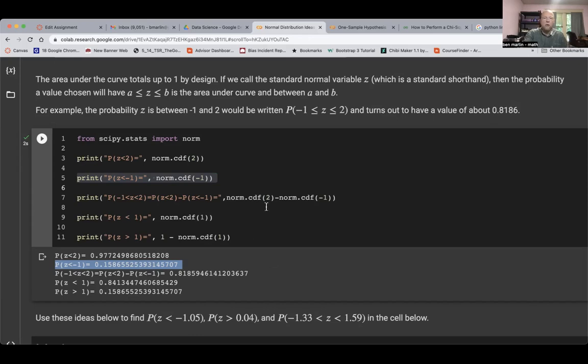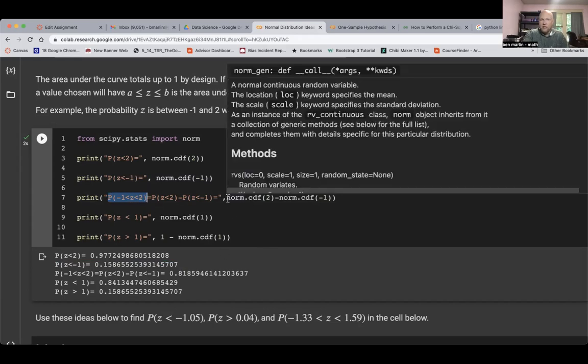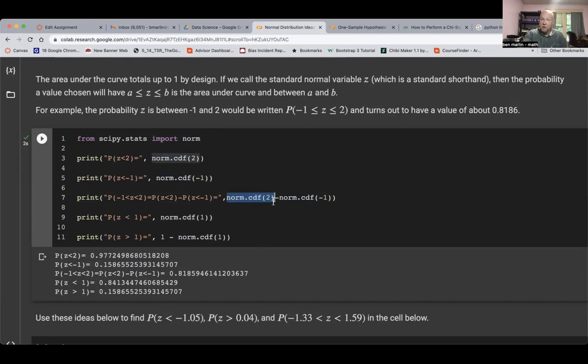But instead, if you want to get the probability of something being between -1 and 2, what you do is calculate the probability of it being to the left of 2, to the left of -1, and you subtract. Always subtract big minus small. If you subtract and get small minus big, you'll get a negative number, and areas are never negative, and probabilities are never negative. Okay, so if you get a negative number, go back and just change your order.